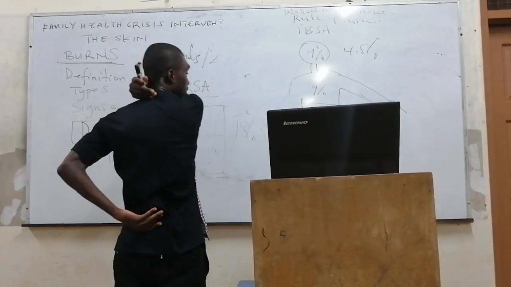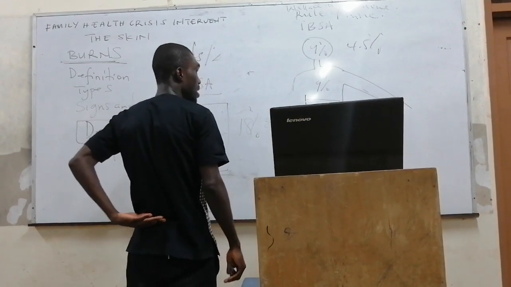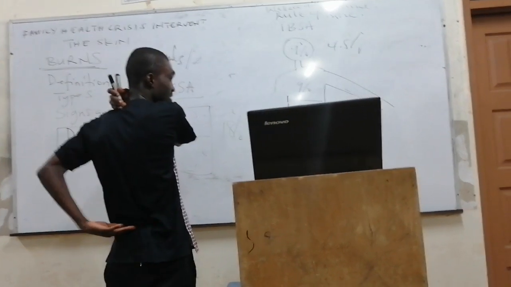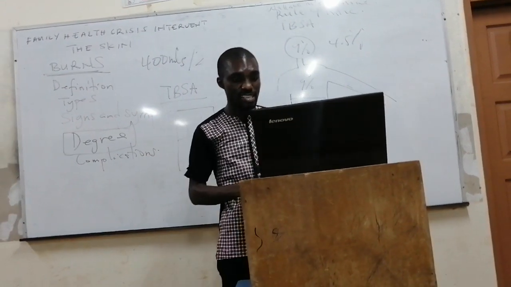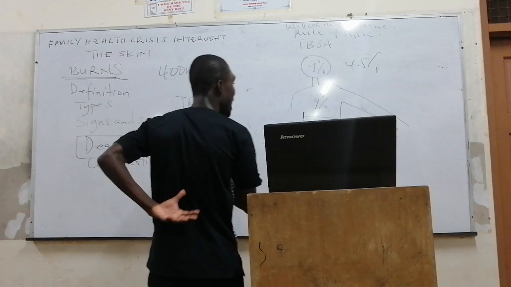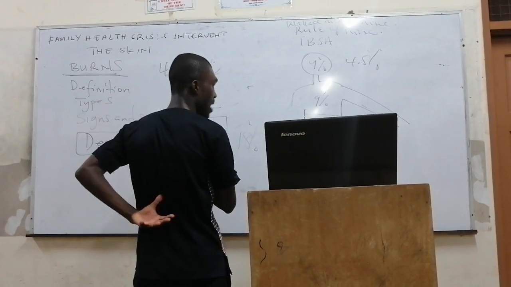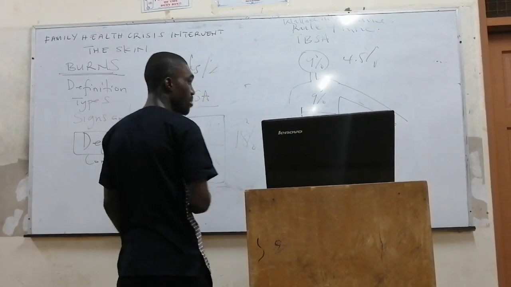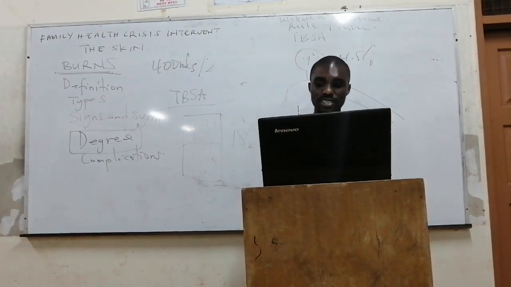So that is from the neck region to the sacral region, right? So from the neck region to the sacral region, the total is 18%. So if only the posterior chest is involved in the burns, then you can give 9%, and then the posterior part of the abdomen, which is the lumbar area, you can give 9%.